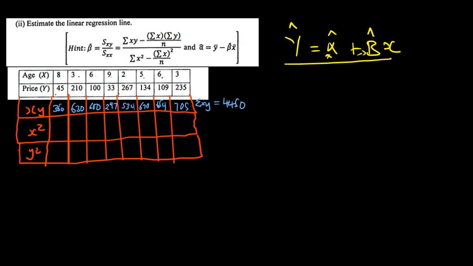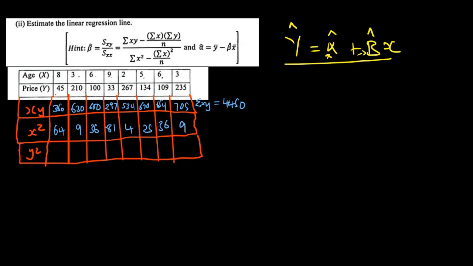Let's now find the x squared. So 8 squared will just be 64. 3 squared will be 9, 6 squared will be 36, 9 squared will be 81. And then 2 squared is 4, 5 squared will be 25, 6 squared will be 36, and this will be 9 here.